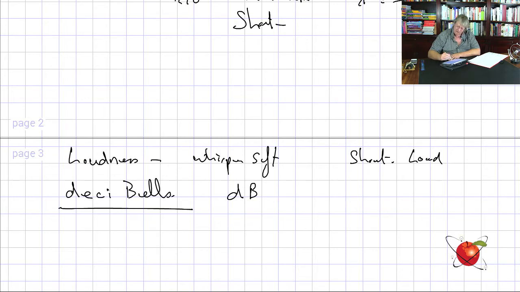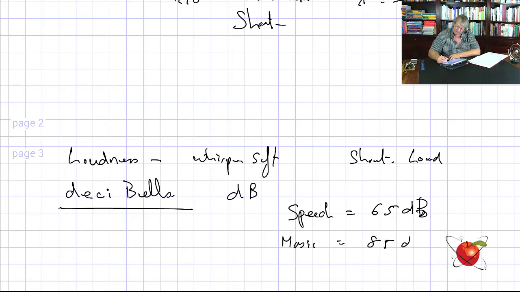Now, just to get a feeling for it: normal speech, like probably what I'm doing now, is going to be 65 decibels. Loud music can go up to 85 decibels.